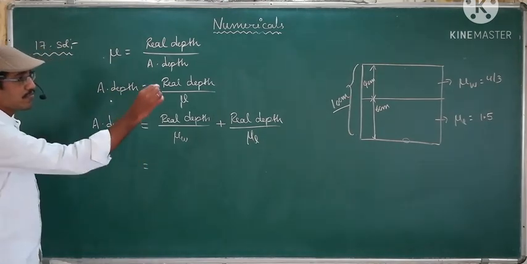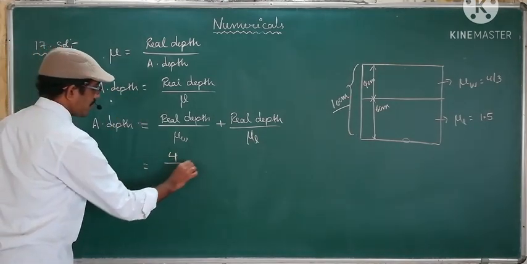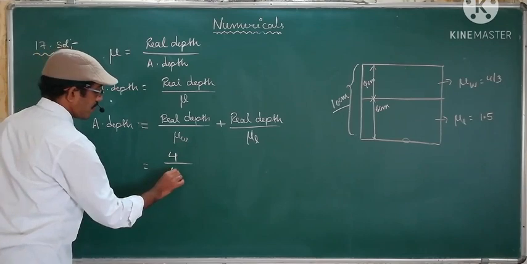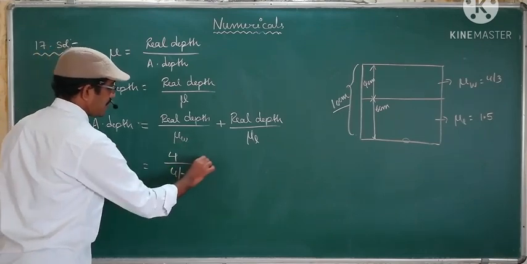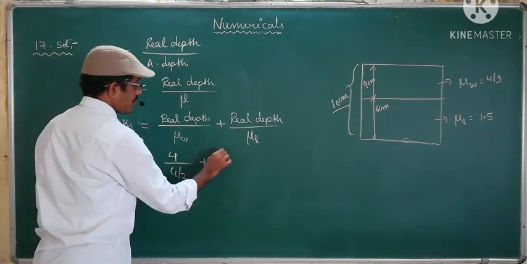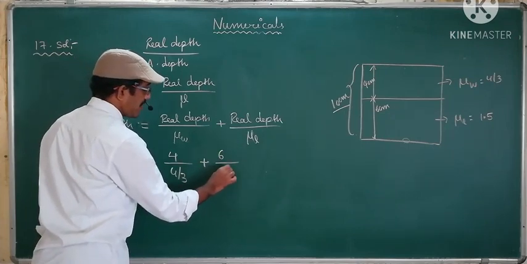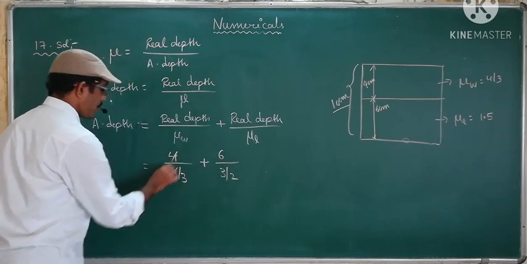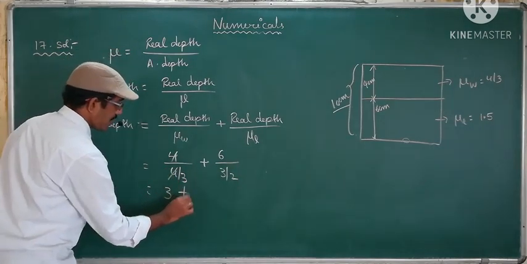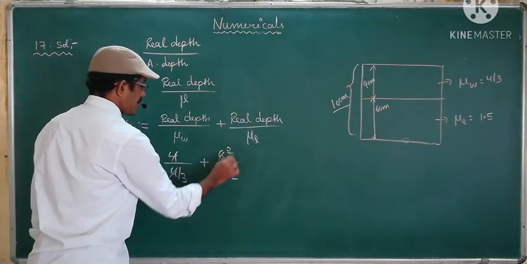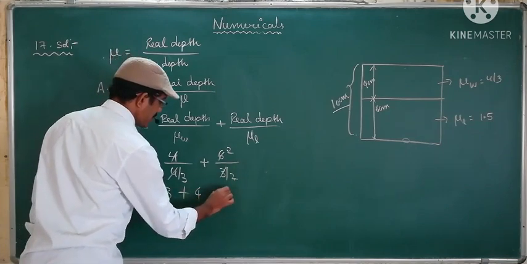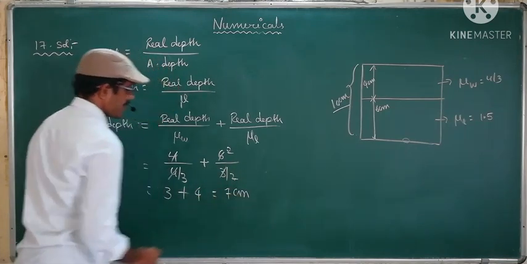What is the real depth of water? 4 centimeters divided by mu w, which is 4/3, plus the real depth in the liquid, 6 centimeters divided by refractive index 1.5, which I can write as 3/2. The 4 cancels, giving 3, plus 3/2 times 6, which is 4. So this is equal to 7 centimeters.